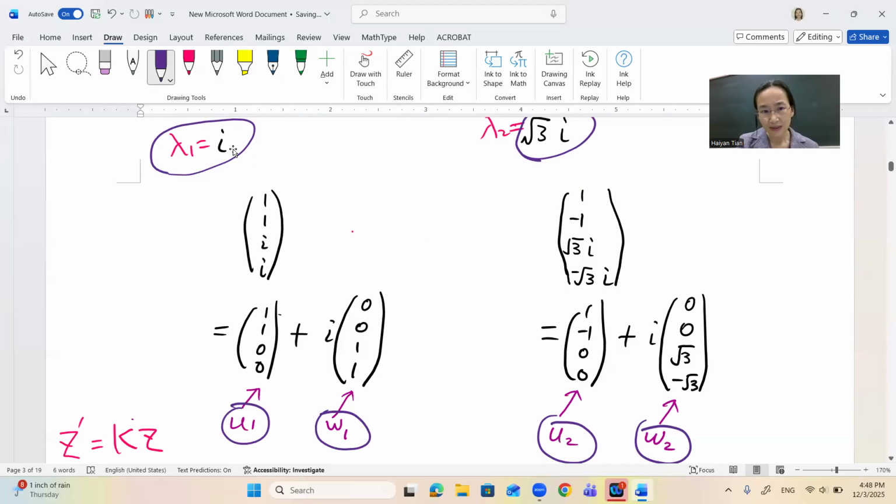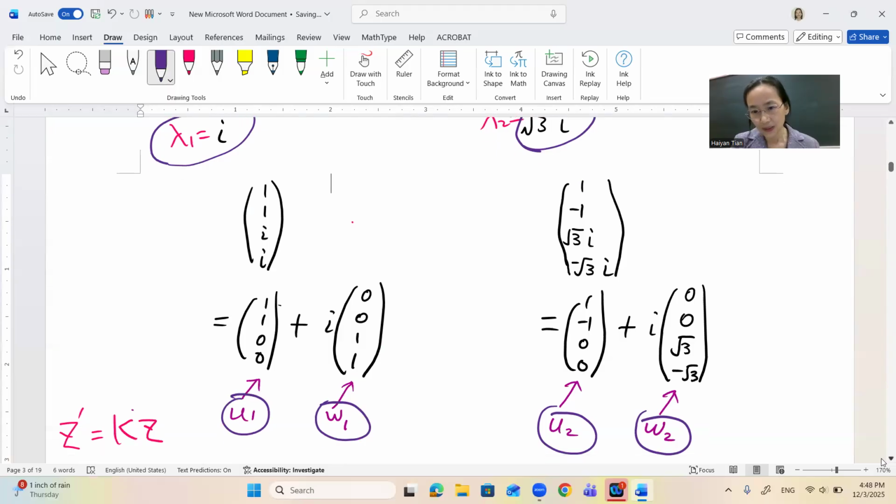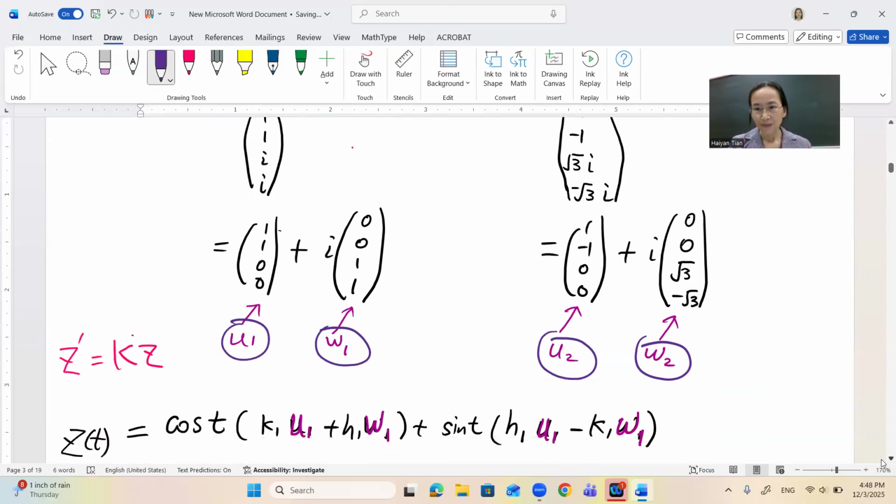But they are conjugates, so we don't need to use them. By the theorem we already have enough information to represent a solution for this first order system.